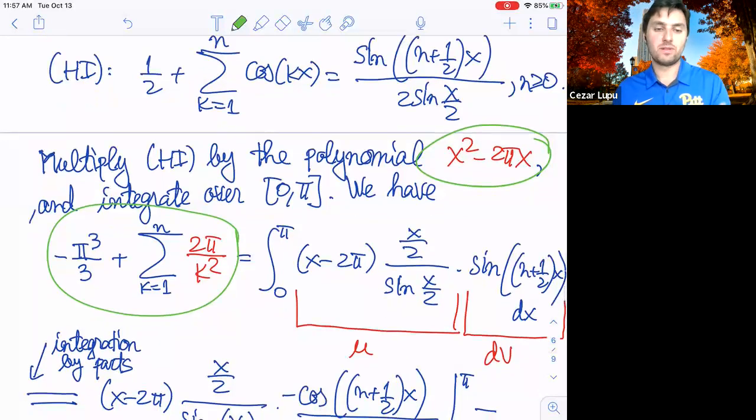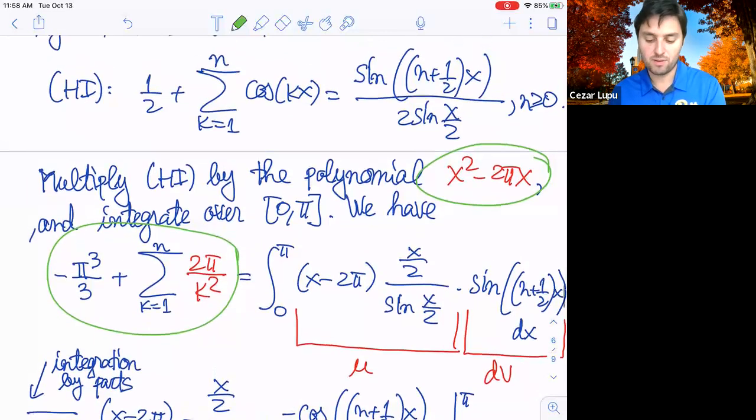I didn't use Moreno's approach as is; I modified it. Maybe I'll use a different identity, maybe something with sine. And then another smart choice of polynomials, which are related to Bernoulli polynomials, will give you a proof for zeta of 2 in the first instance, and then for zeta of 4, 6, and so on. And surprisingly, it gives you a proof even for zeta of 2n, for all the even values.